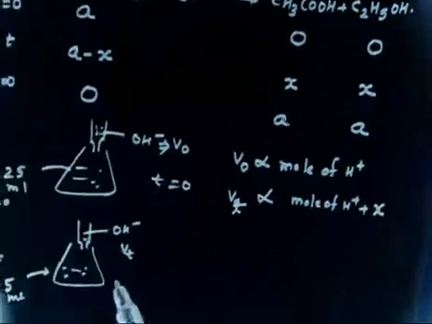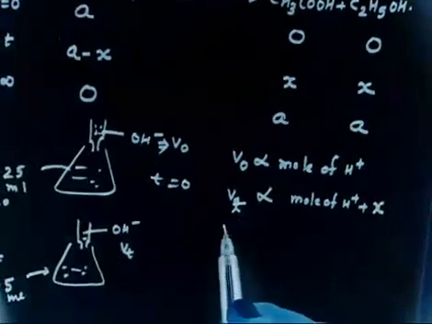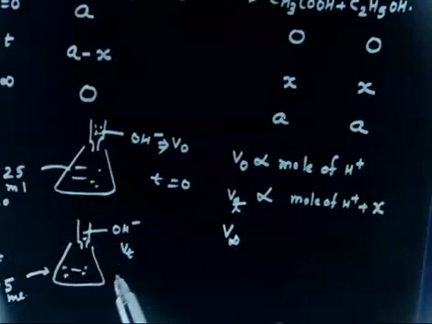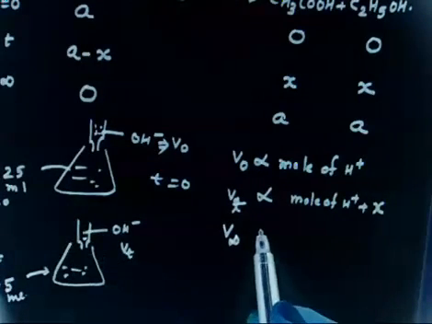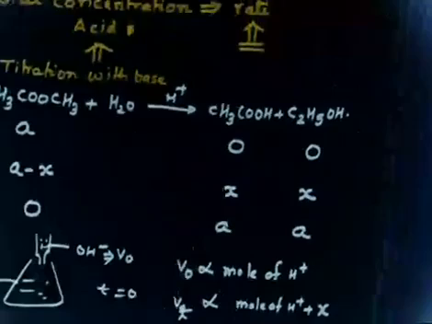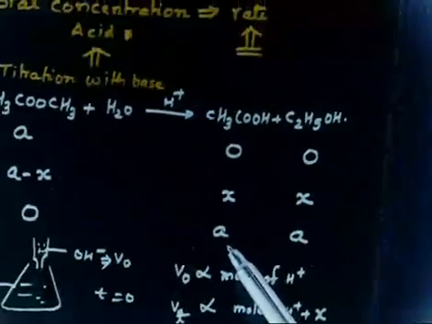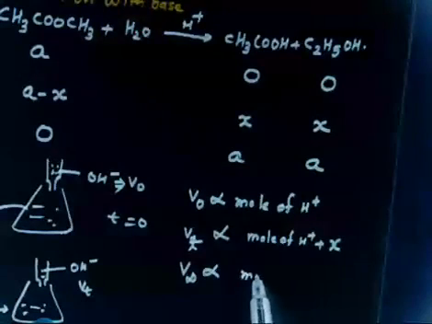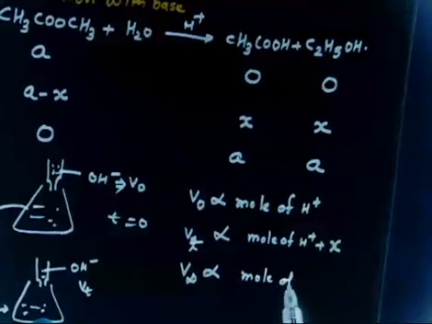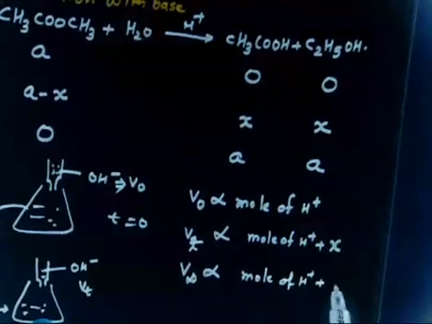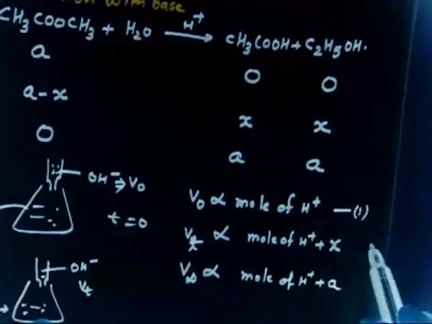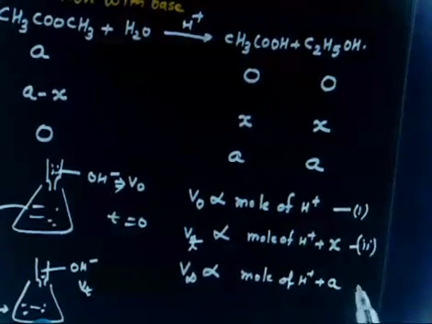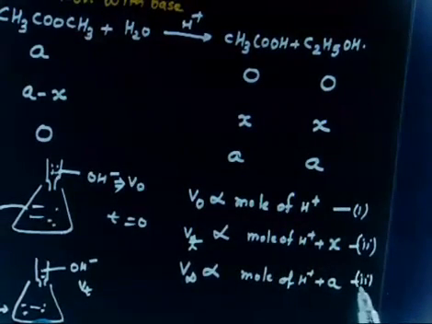If you do the same thing at infinite time, if you do the titration at infinite time, the volume V infinity is proportional to the mole of H plus plus A, because the mole of acetic acid is A and initially H plus. So we have three equations, 1, 2, 3.